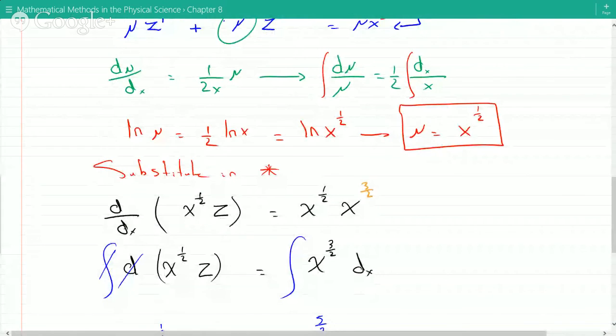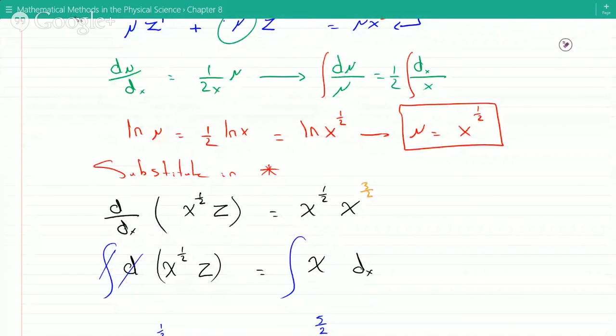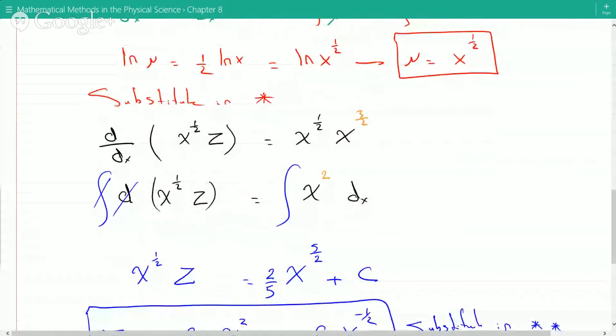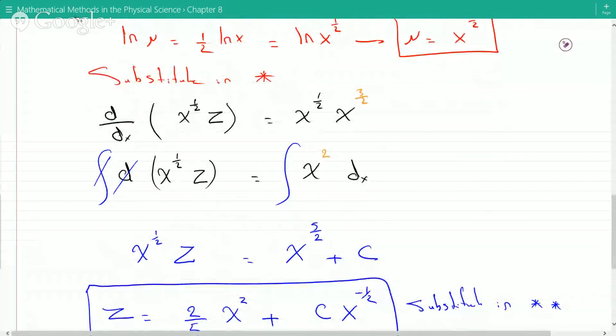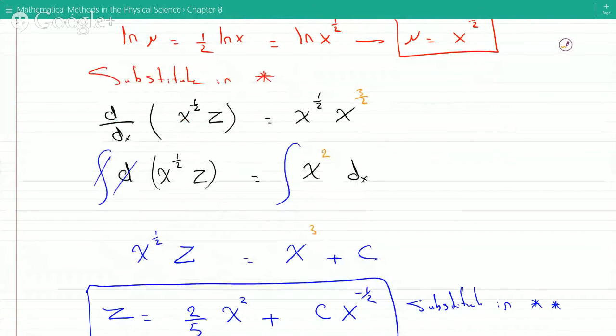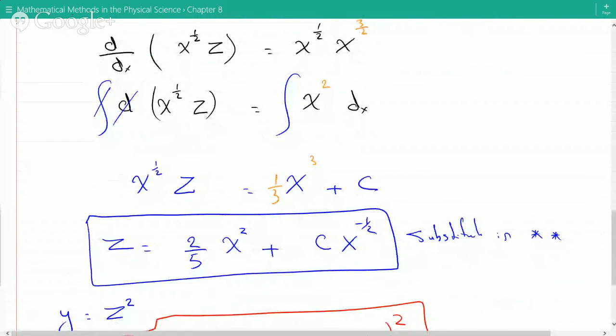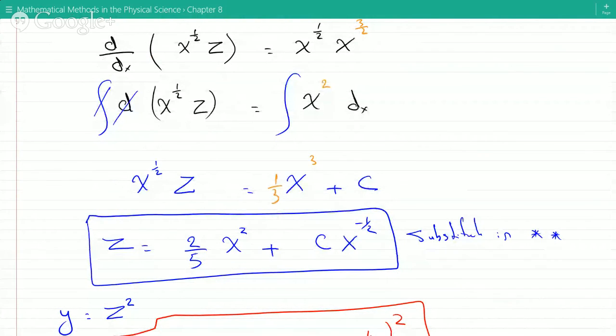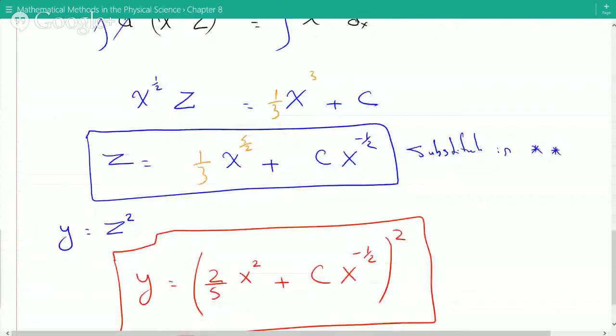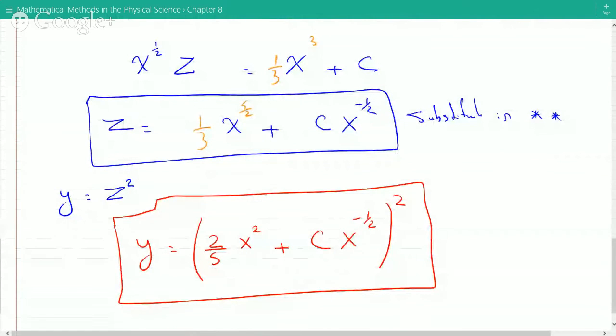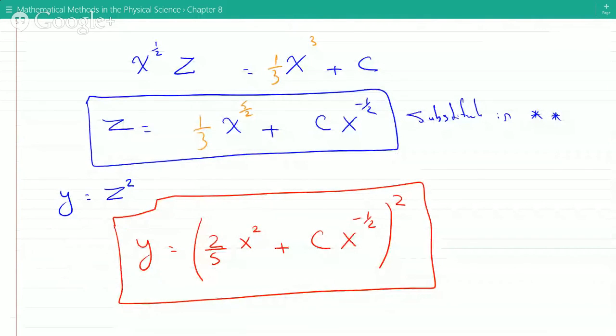So this will become x squared. And then when we integrate, this will become x cubed times 1/3. And then when we divide by x to the half, you're going to have left 5/2. And this is x to the 1/3. Okay. And this is x to the 5 halves.